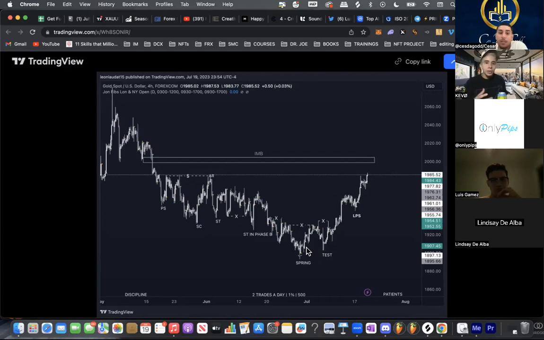I understood what an order block was, and imbalances, liquidity. But when you put it together with Wyckoff, it makes structure so much more clear, and gives you the understanding behind how and why smart money works the way it does. So that's clean, man. You marked that out perfectly, bro.